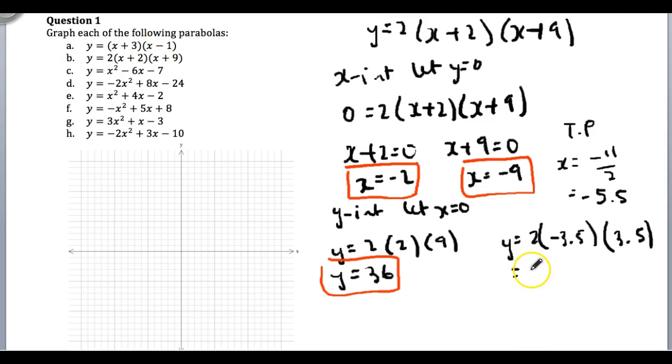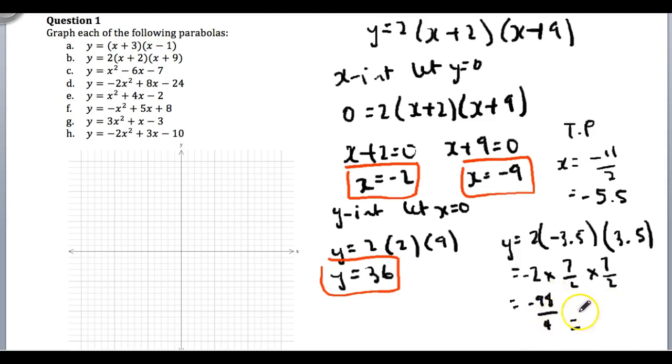All right, I am going to use fractions because I am much better at doing fractions than decimals. So 2 times 3.5 is the same as 7/2, and that's 7/2. And I've got a negative here, so I'm just going to put the negative out the front here. So 7 times 7 is 49, times 2 is 98. Don't forget the negative. 2 times 2 is 4. And then 98 divided by 4.